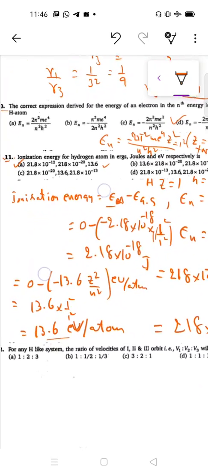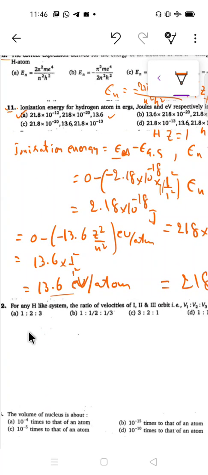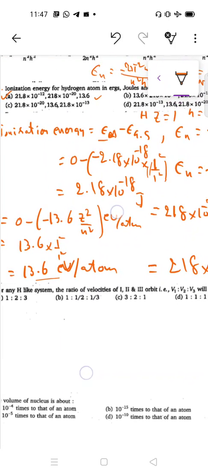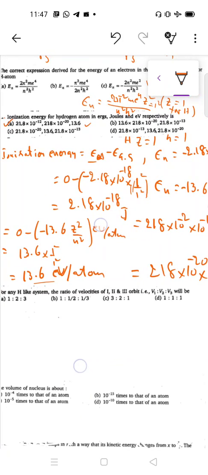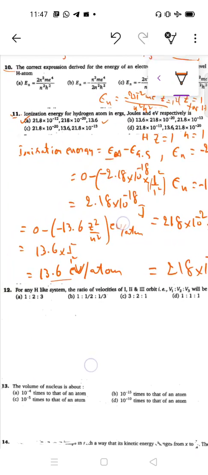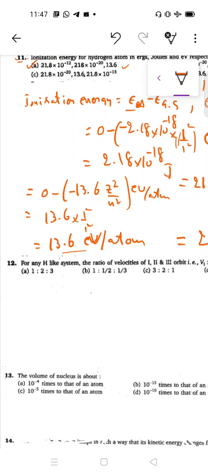Next problem: for any hydrogen like system, the ratio of velocities of the 1st, 2nd and 3rd orbits, that is 1 is to 2 is to 3, velocities will be. Okay, this is very simple. 12th question.